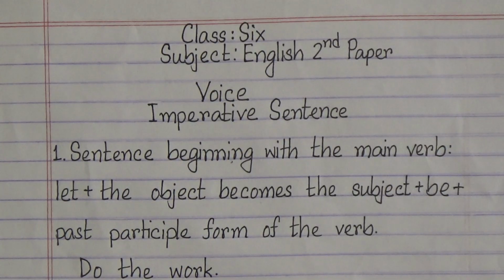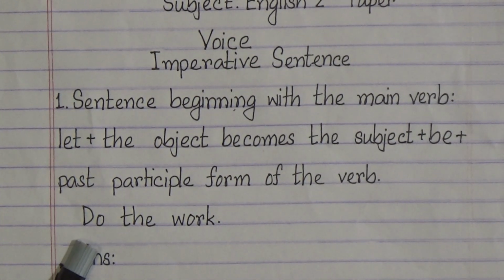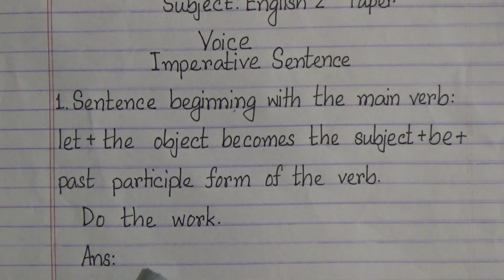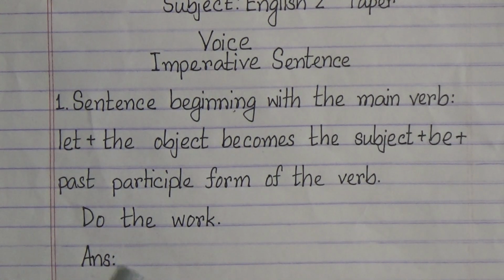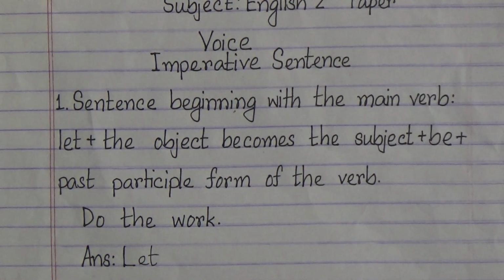Do the work. Now look at this sentence. The sentence begins with the main verb do. Do the work, and here the work is our object. So this object will become our subject. So at first, according to the rule, we will write let.